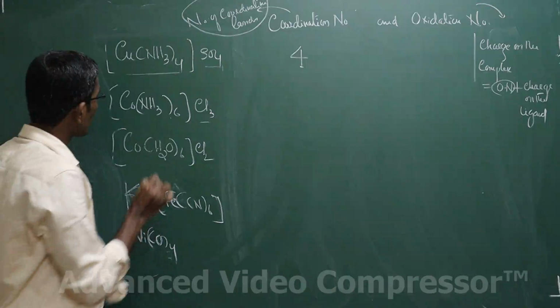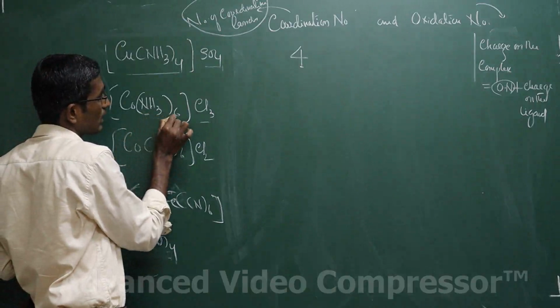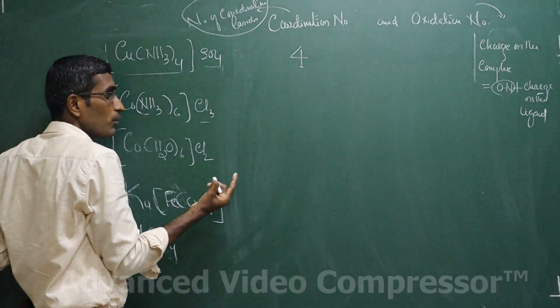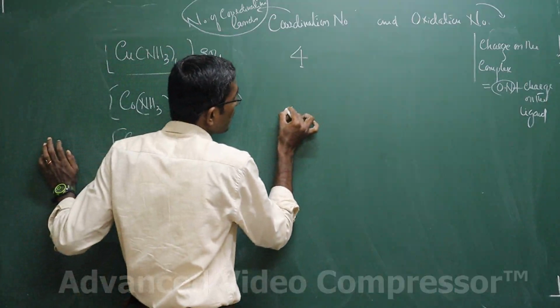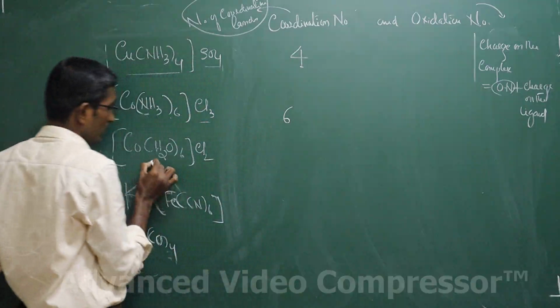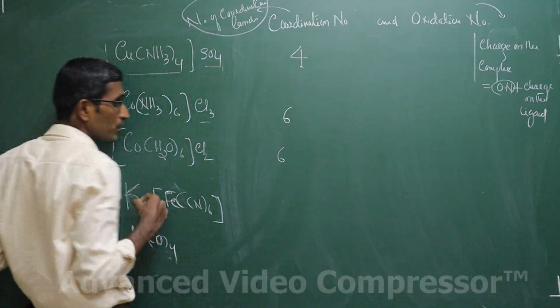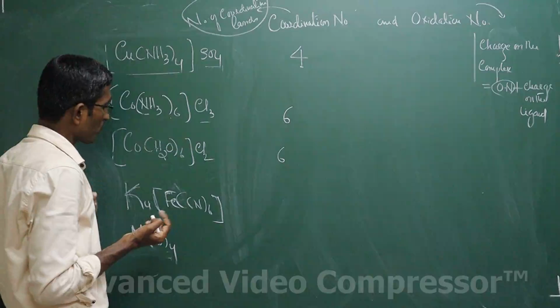Here, if you consider how many monodentate ligands we are having, we have 6 monodentate ligands. That means we have 6 coordination bonds between the cobalt ion and the ammonia. So the coordination number in this case is 6. In this case again the coordination number is 6 because water is a monodentate ligand. It can make 6 bonds with the cobalt ion.